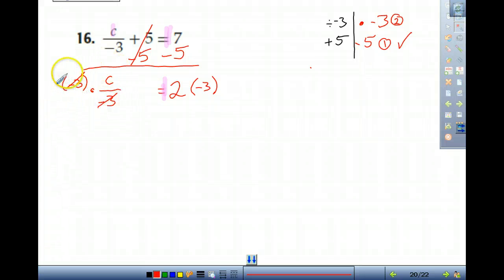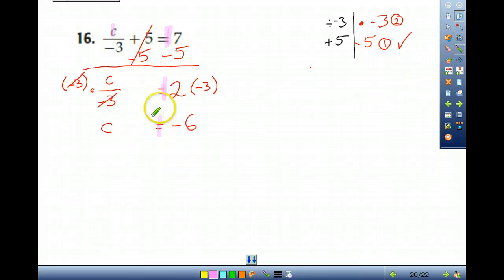So they cancel out. So now we have C equals 2 times negative 3 is negative 6. And again, notice how I continue the alignment. The C's all line up. So even though there's a space right here, that's okay. It's just so that anybody can read your work and understand it and make sense of it.